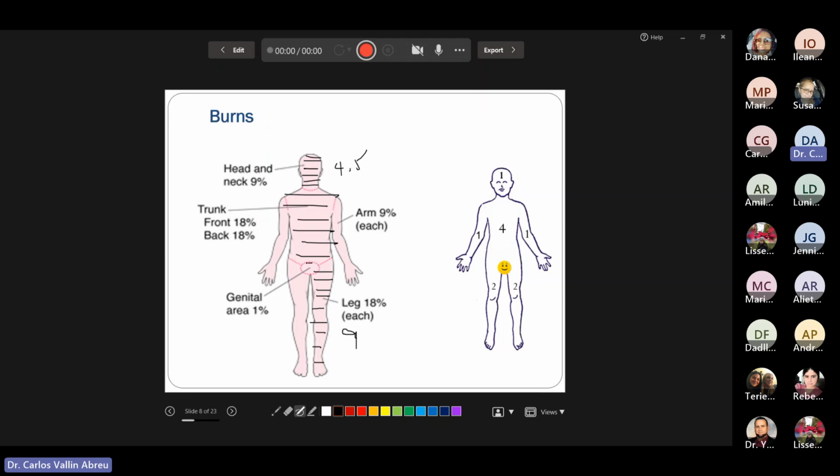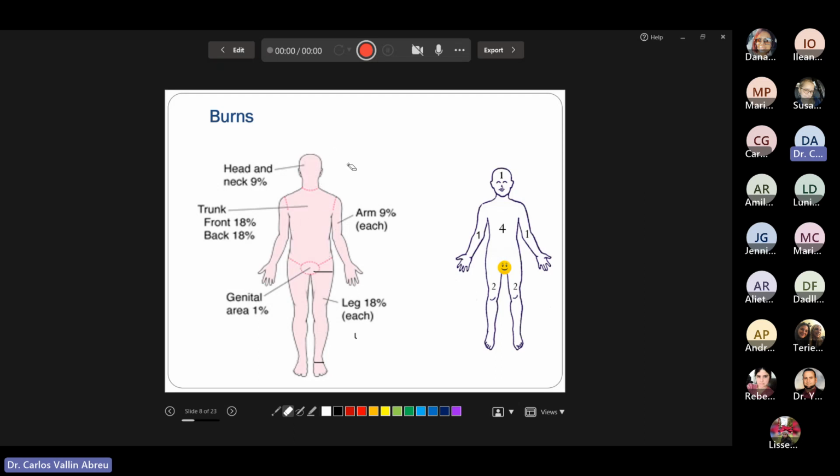Don't forget that the perineal area and the genitals are assigned 1%. If you add the percentages of all the body, you'll notice that it is 99. If you add 9 plus 3 nines is 27, plus 18, plus 36, you have 99.